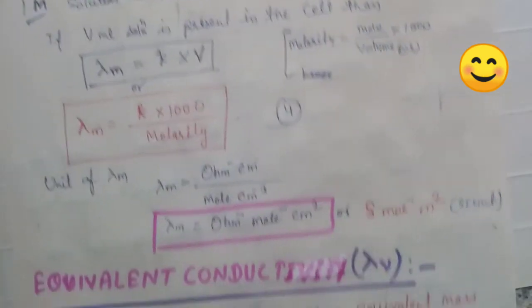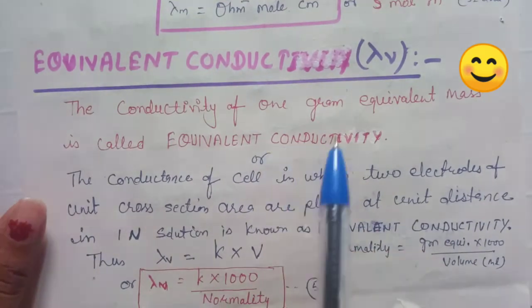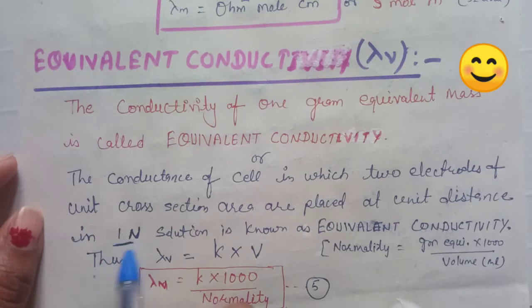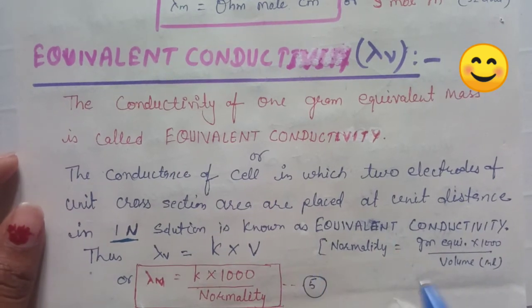The same is the equivalent conductivity, or lambda V, when we take the solution of 1 N in the cell between electrodes of unit cross-section area placed at 1 centimeter distance.